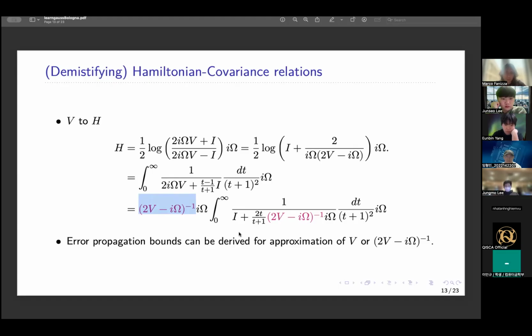And so our strategy would be to first learn a good estimate of (2V minus iΩ) inverse, and then plug that matrix in this formula, and then just use triangle inequalities and the usual matrix perturbation bounds to get an error on H. And the reason why we do this is that (2V minus iΩ) inverse is approximately sparse and we can learn it efficiently in a way that does not scale polynomially with the number of modes.